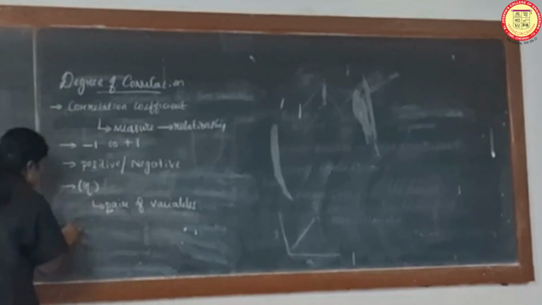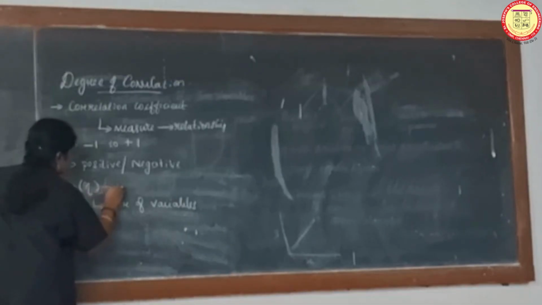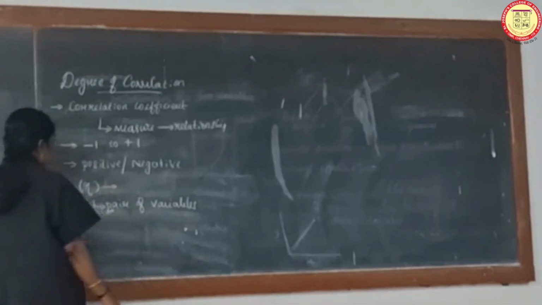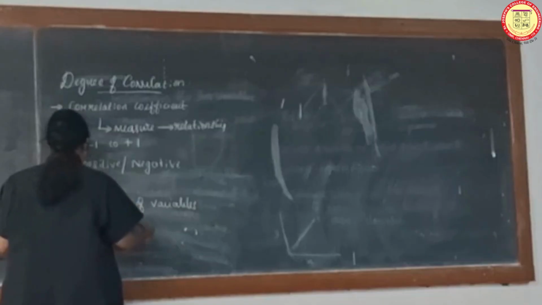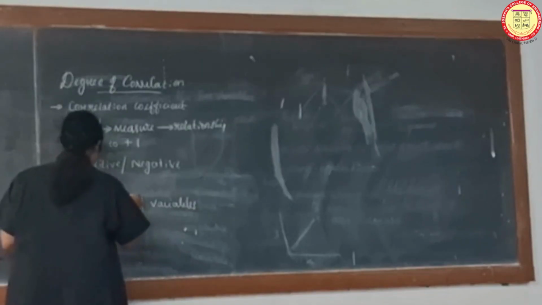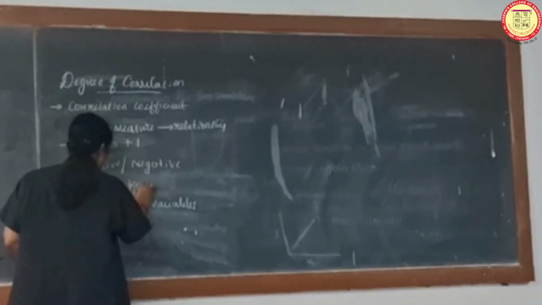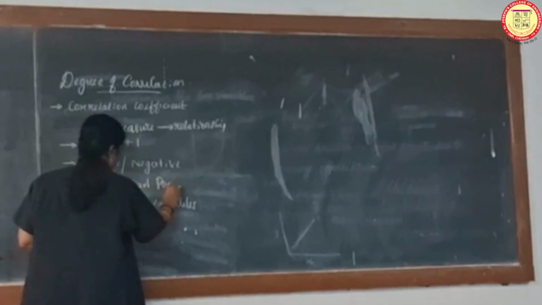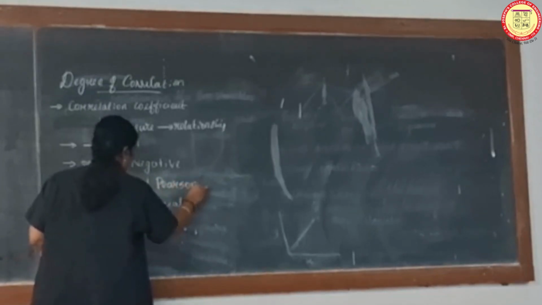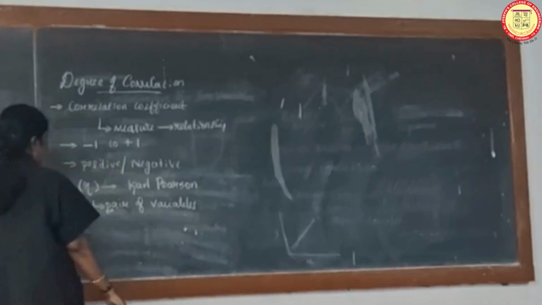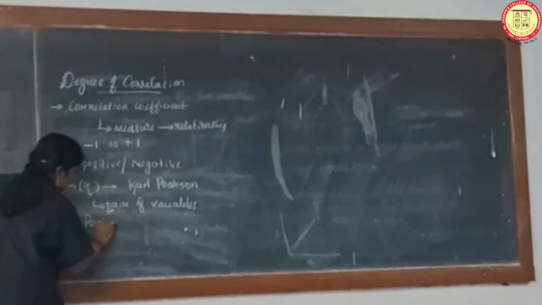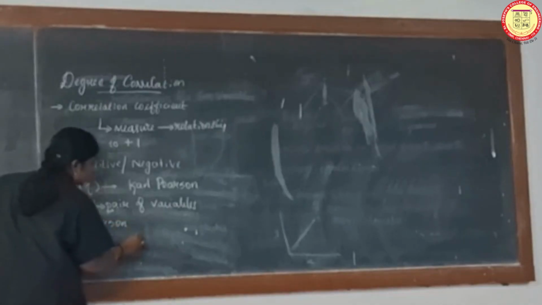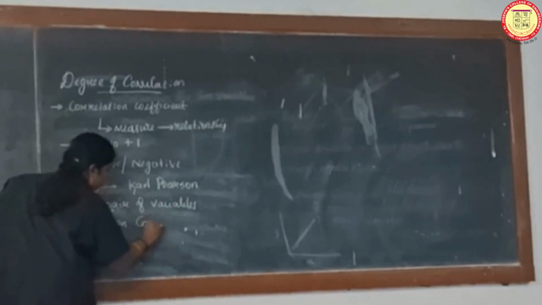The correlation r is named in honor of the British scientist Karl Pearson. So this coefficient is also called the Pearson coefficient.